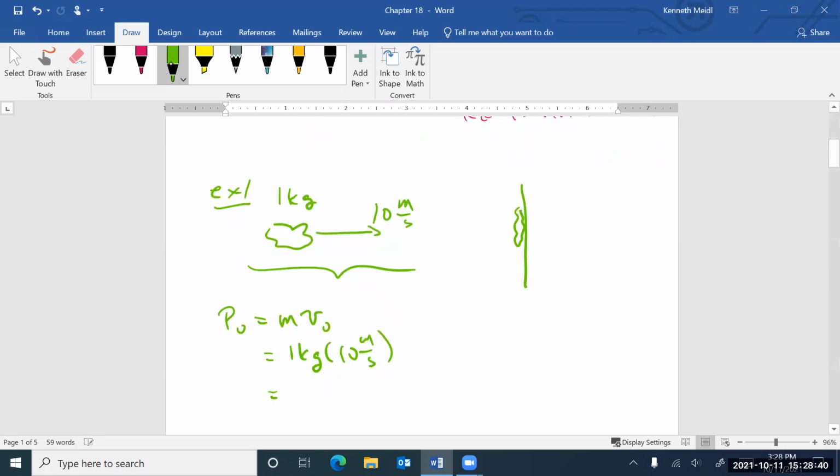So this object has 1 times 10, or 10 kilogram meters per second of momentum to start with. Now, in the final state, there is no momentum, right?